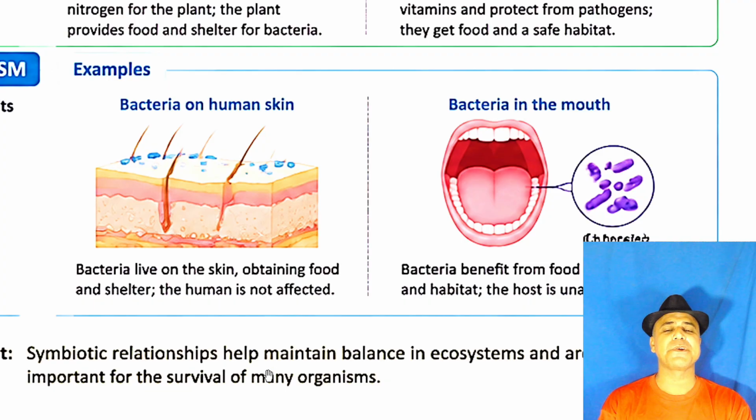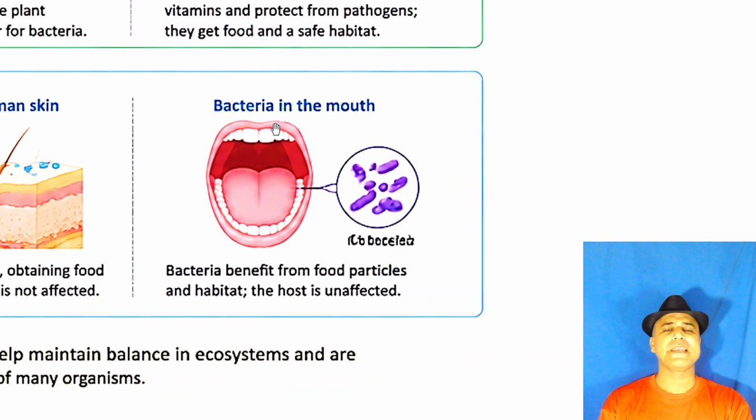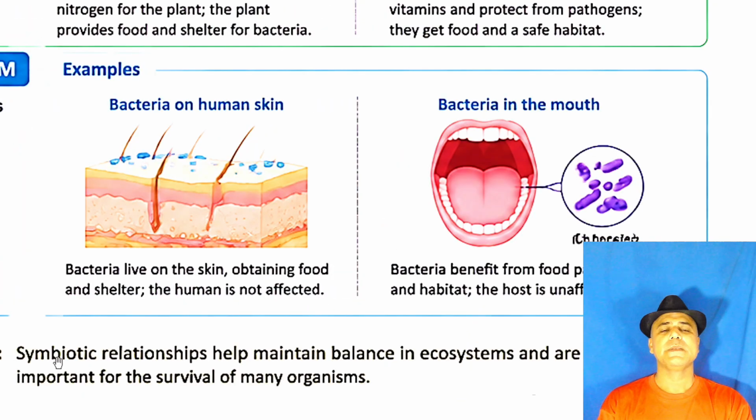Symbiotic relationship of bacteria in the mouth: bacteria benefit from food particles and habitat, and the host is unaffected. Symbiotic relationships help maintain balance in the ecosystem and are important for the survival of many organisms.